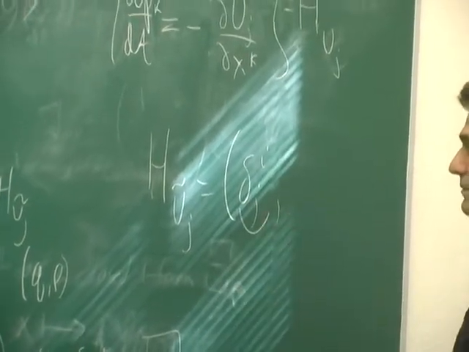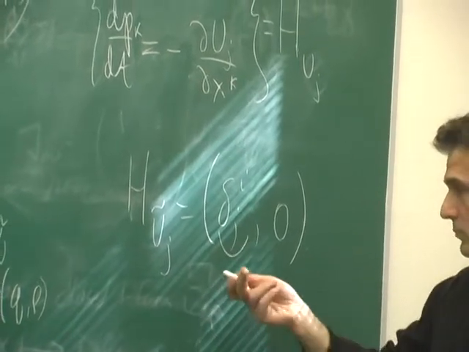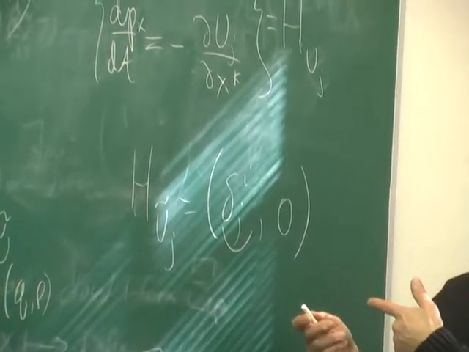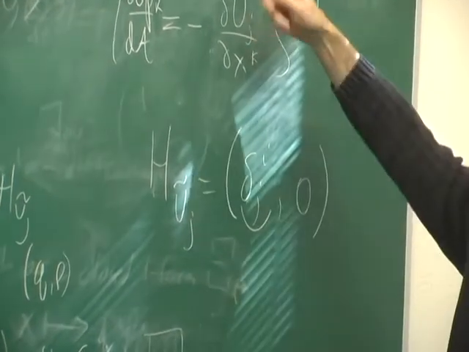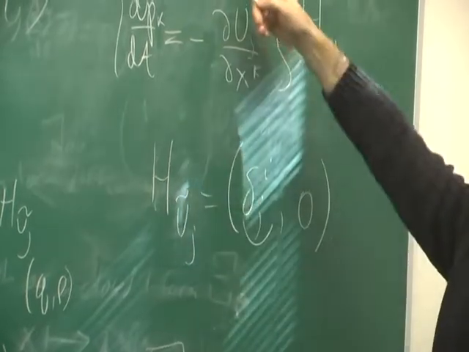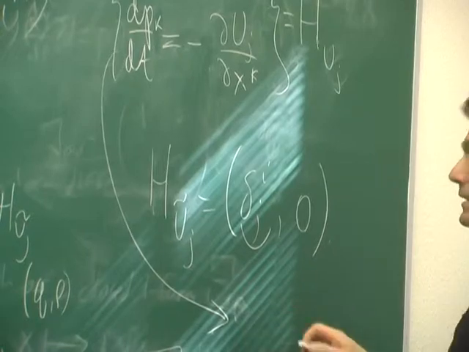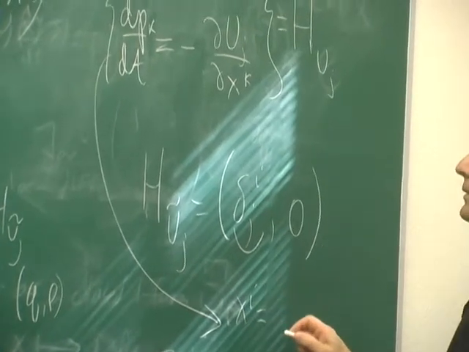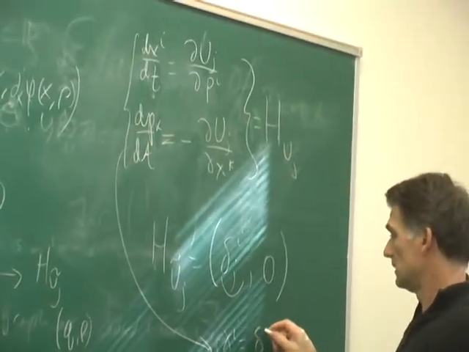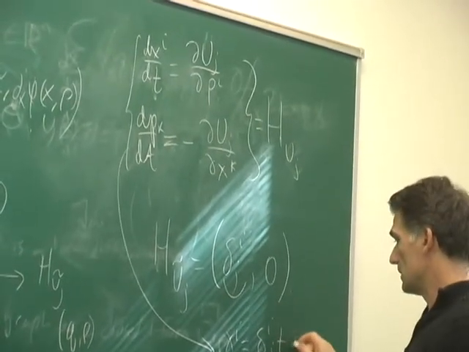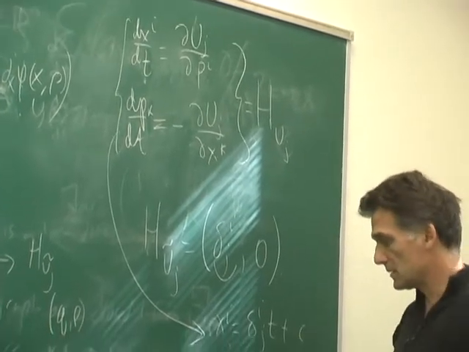That's the first vector, and the second is 0. So this has 1 in the place j, and this is just 0. So that's what it is. So of course the solution of that is trivial. The flow for that function is xi equal to delta ij t plus some constant, right? And this will be just some constant.